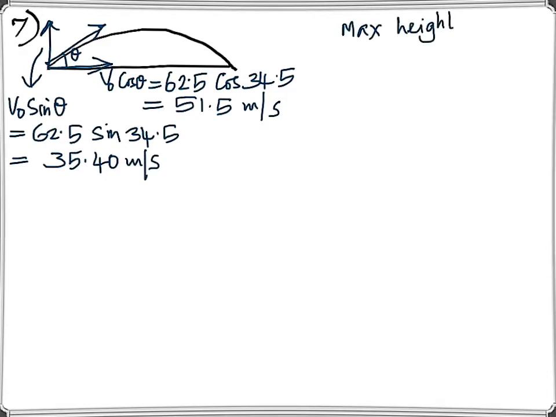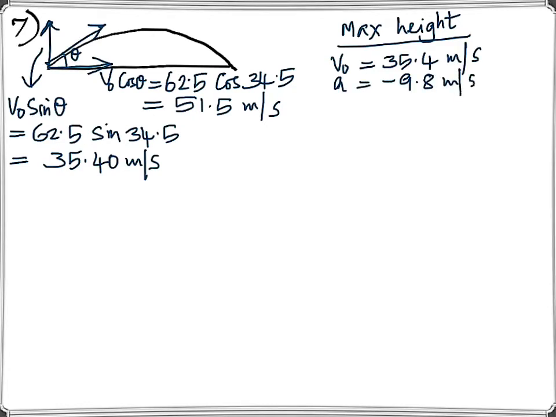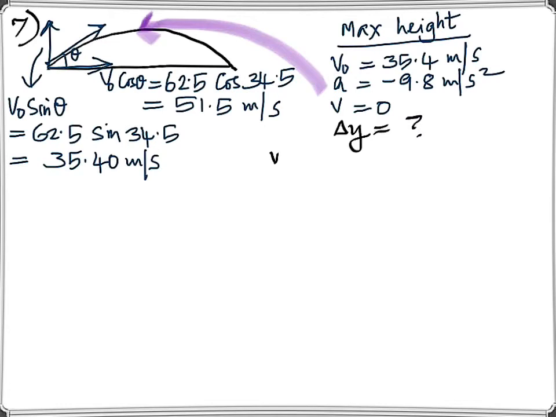To find the maximum height, we use the vertical component, initial. A is negative 9.8 because it's first going up. At the maximum height, the velocity is 0. And we need to find delta y. Use this equation and plug in the numbers.